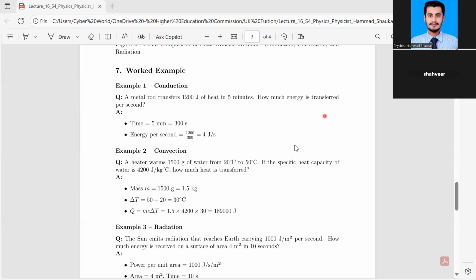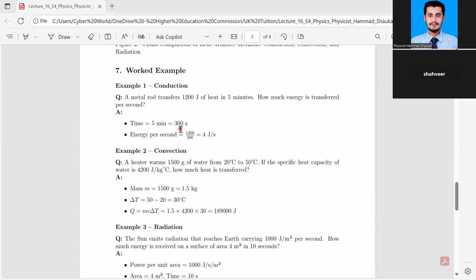How can you find it? First of all, can you tell me what the SI unit of time is, either minutes or seconds? Seconds. Yes, seconds. So you have to convert 5 minutes into seconds. How do you convert 5 minutes into seconds? Times it by 60. Yes, 5 times 60 becomes 300 seconds.